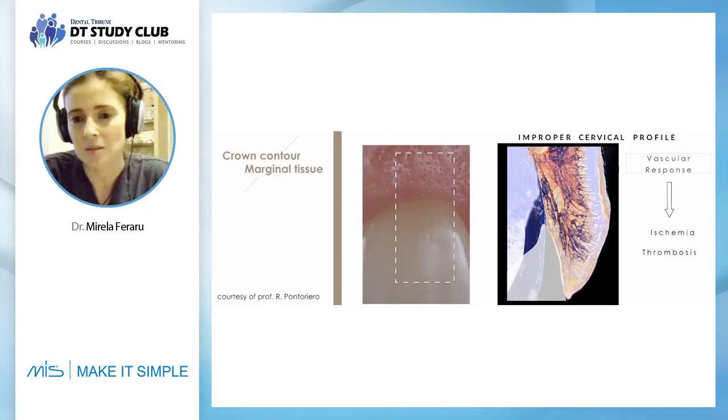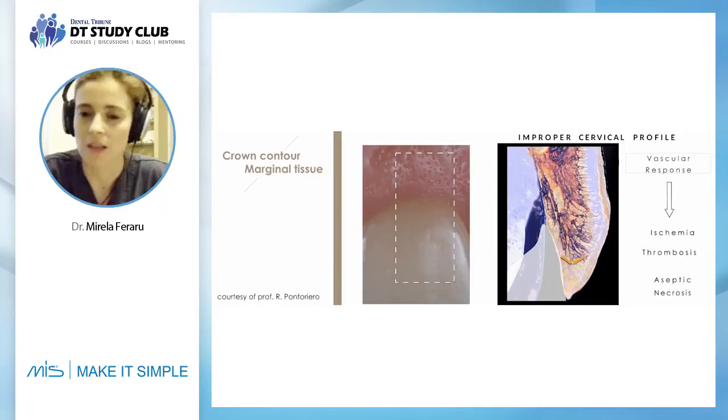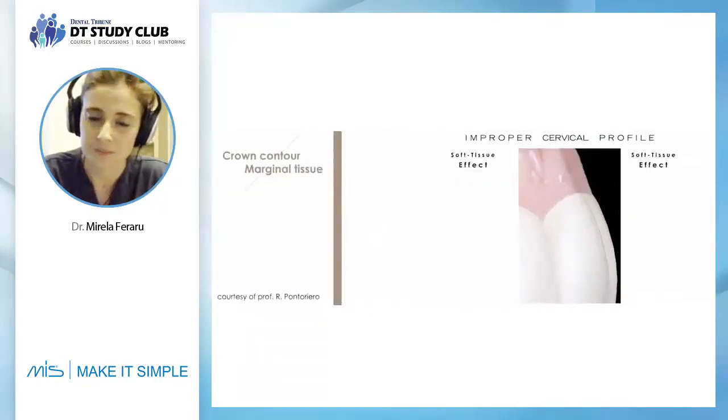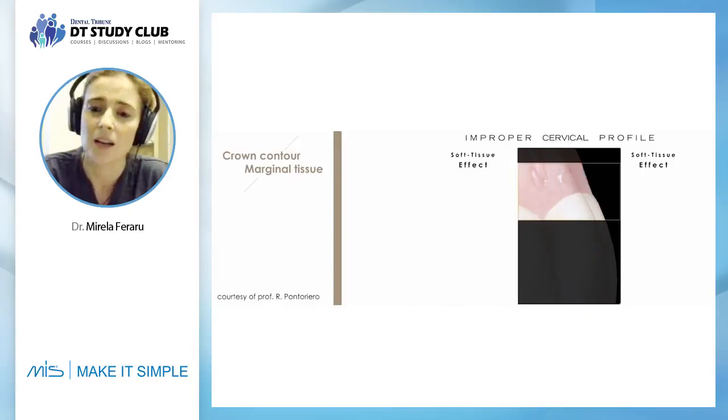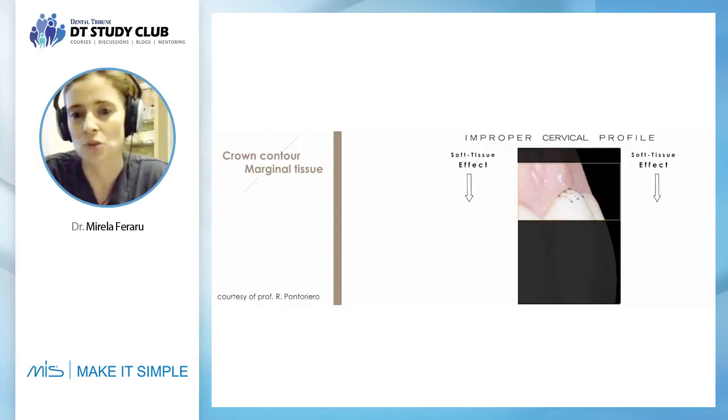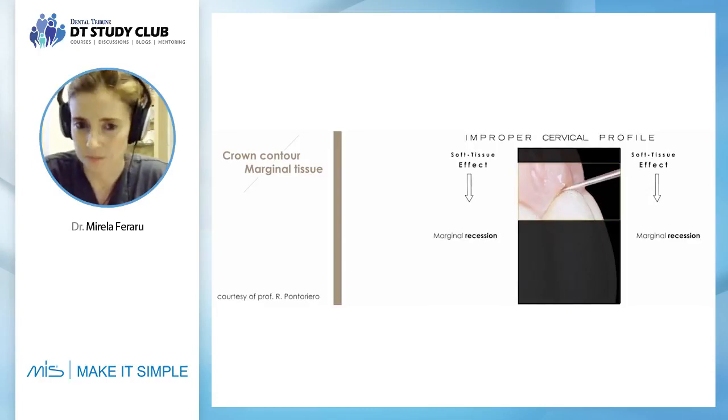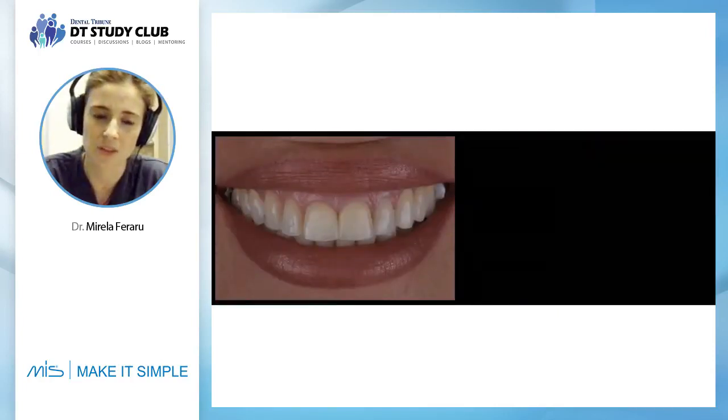So what happens at that particular margin, we will have thrombosis, we'll have septic necrosis, and what we are going to see clinically, if we look from the profile, and this is our restoration with the slightly over-contoured profile, we see the blanching, we see the ischemia, and in time, the soft tissues migrate more apically, and we see a marginal recession. So this is the clinical consequence of having contours of ceramic restorations that are not in line with the biology of the supporting tissues.